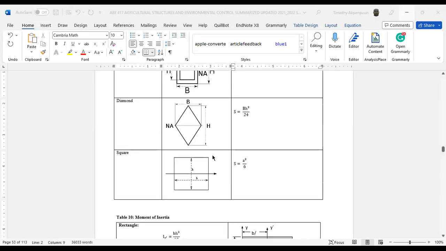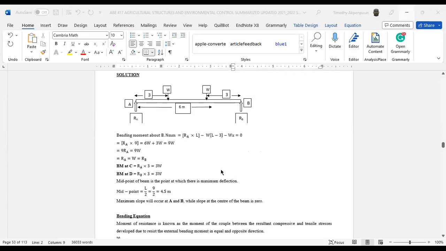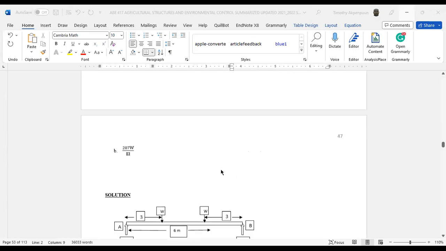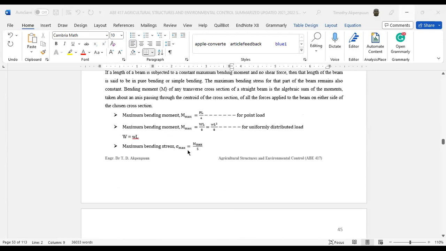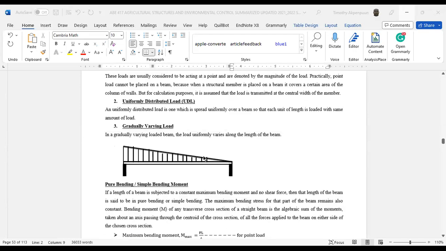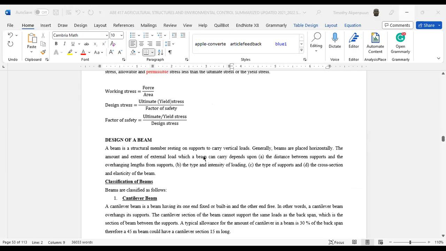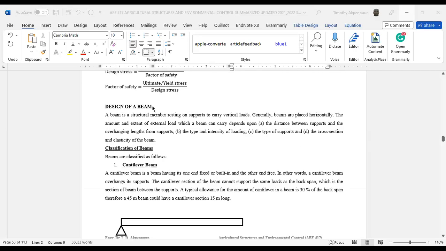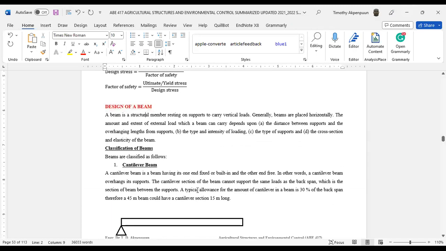All right. Are you guys seeing my screen? Yes, sir. So let me show you where we're going to start. You guys should please help me now. Read ahead of class. We're going to start here, beam design. You are seeing, right? Yes, sir.